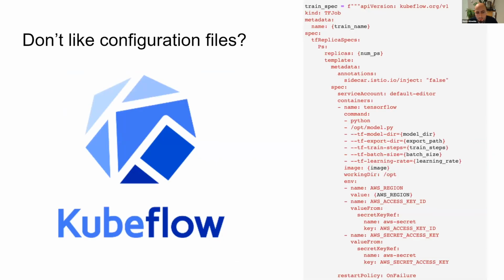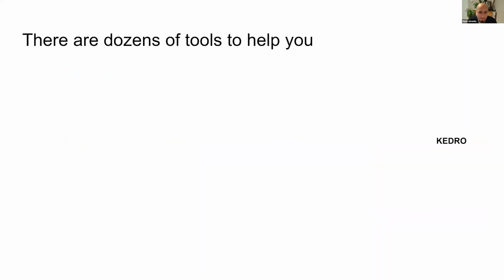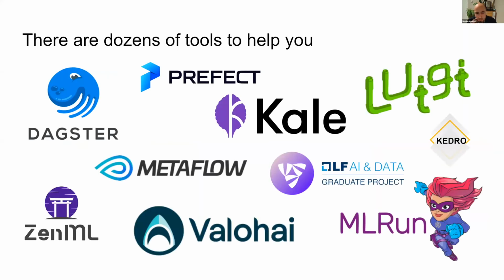Now, the thing with Kubeflow and with Docker, as a matter of fact, is that you typically configure things through YAML files. And many of us might not like doing things like this. So for the people that don't really like these YAML files, there are several tools that you can use to scale your machine learning experiments.